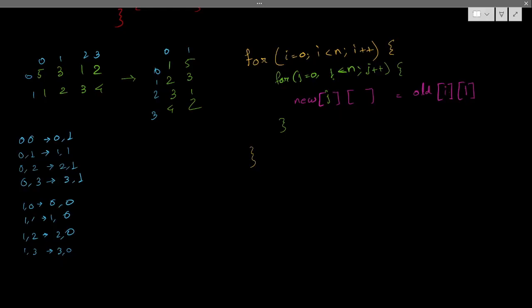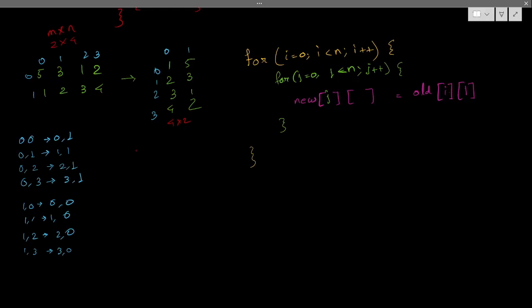Now I need an n. Right now it is not an n cross n matrix. It is a 2 cross 4 matrix and it becomes a 4 cross 2 matrix. Remember it. So m equals 2, n equals 4.